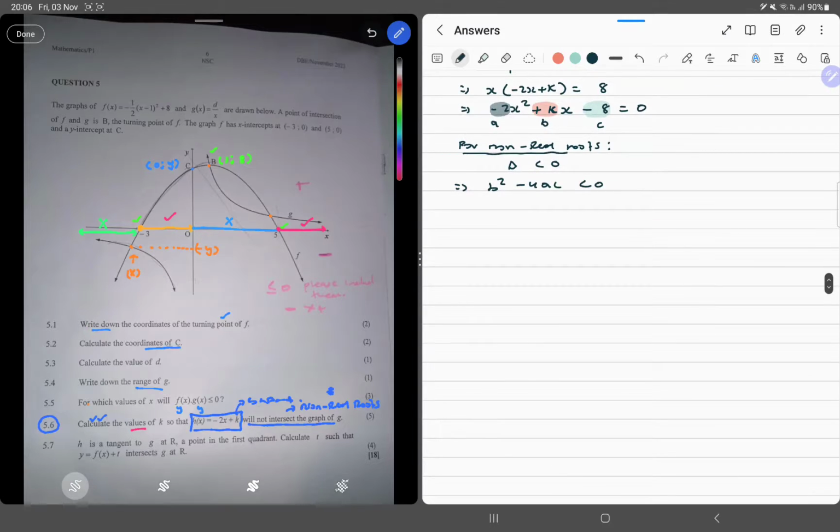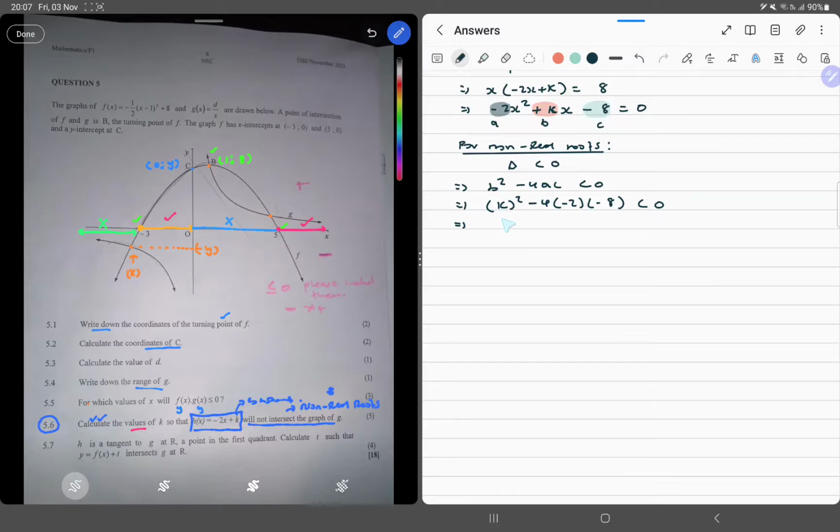Great. So this question was a nice question. This implies that now we have k squared minus 4 times -2 times -8 less than 0.